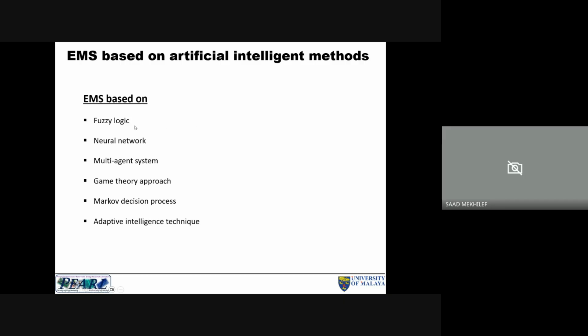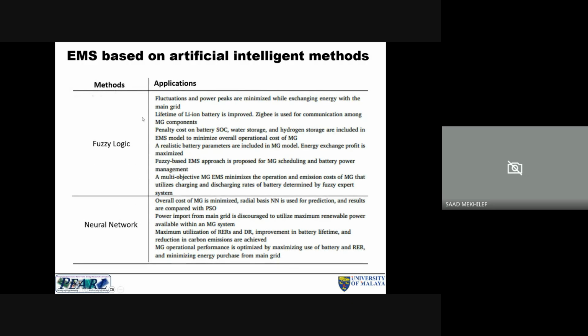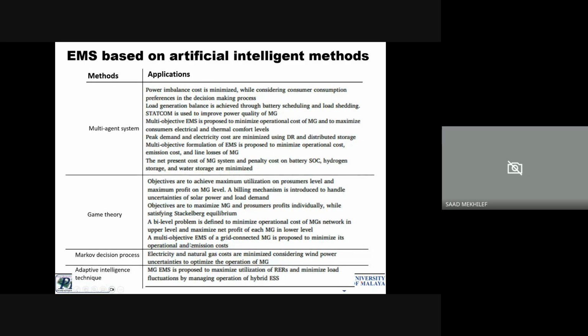Also artificial intelligence, starting with classical artificial intelligence, which is fuzzy and neural, multi-agent, game theory, and so on, and adaptive intelligence techniques. This is the comparison and the applications where we use them. For example, with game theory, the objectives are to achieve maximum utilization at the consumer level and maximum profit for the microgrid.